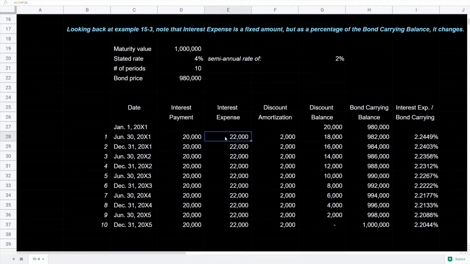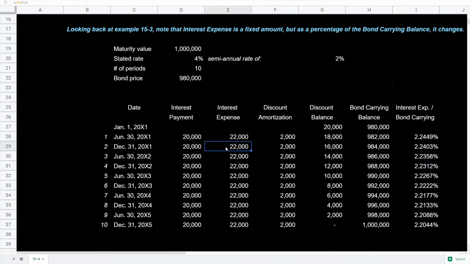For that period of time, we recognize an interest expense of $22,000. If we take $22,000 and divide it by $980,000, we get 2.2449%.